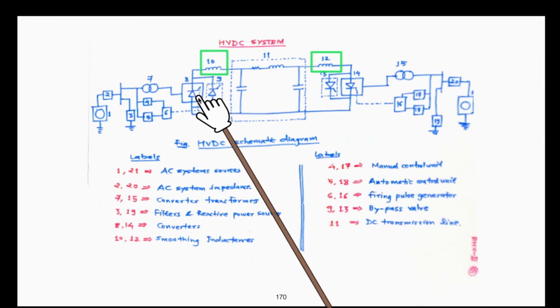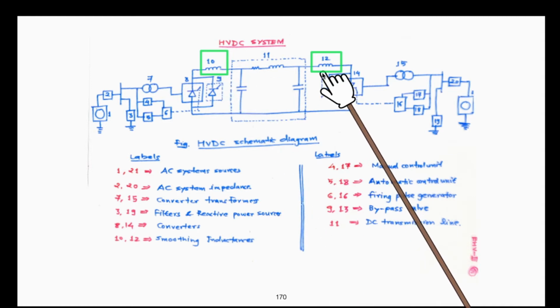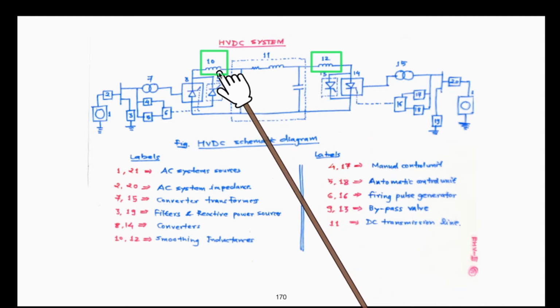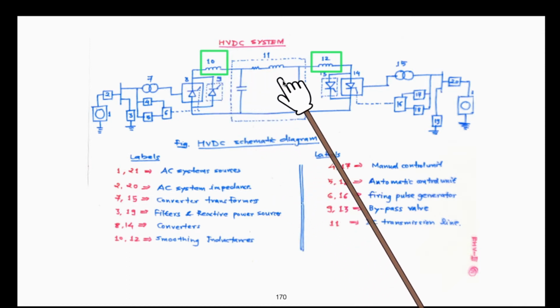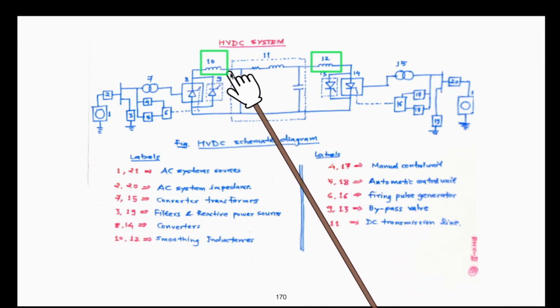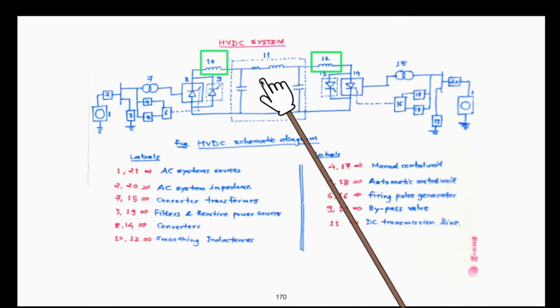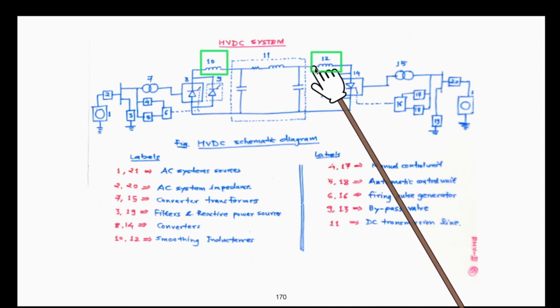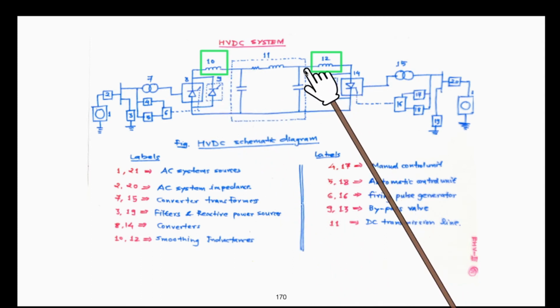Harmonics are produced due to converter operation. So smoothing inductances provide removal of current harmonics, and also make the DC current constant and provide protection against faults on the converter. Maybe if there is some line fault, they provide protection to the converter units by restricting the fault current.